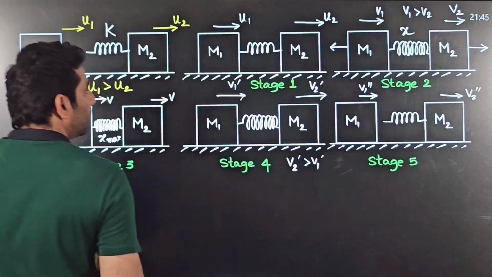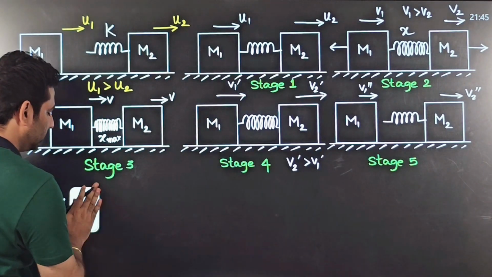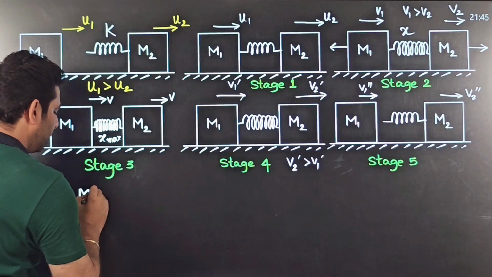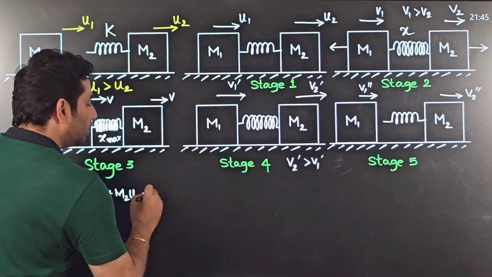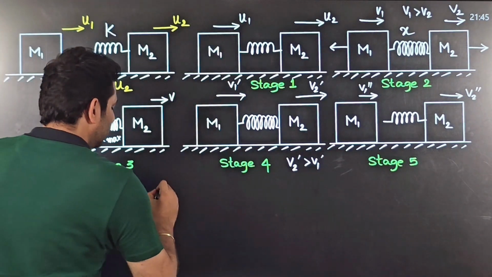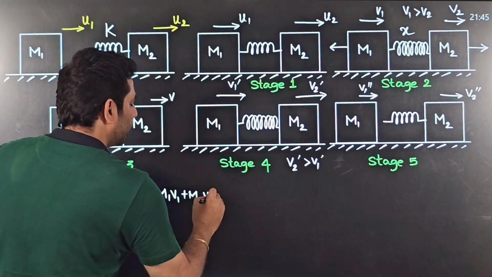So at stage 1, the total momentum of the system is m1 u1 plus m2 u2. That is equal to total momentum in stage 2, that is m1 v1 plus m2 v2.